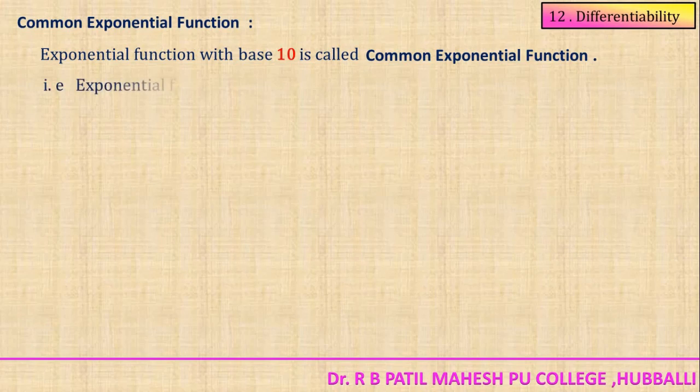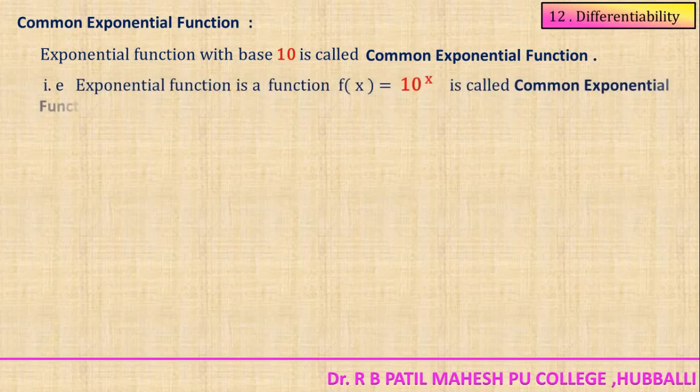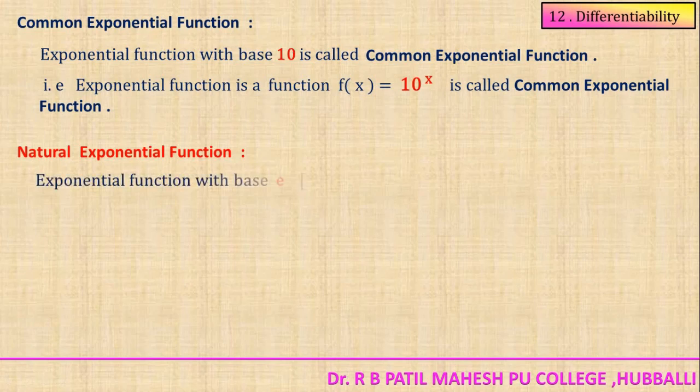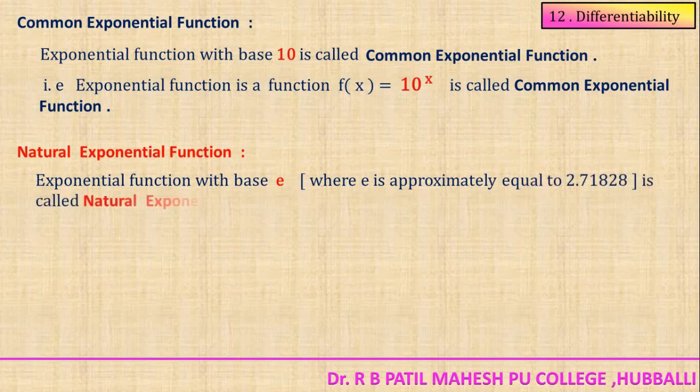That is, the function f of x equal to 10 raised to x is called a common exponential function. Next, the natural exponential function. Suppose the base is e instead of 10, where e is approximately equal to 2.71828.